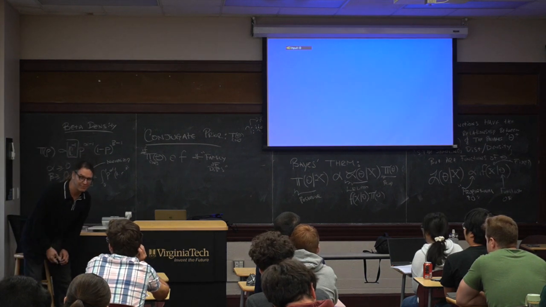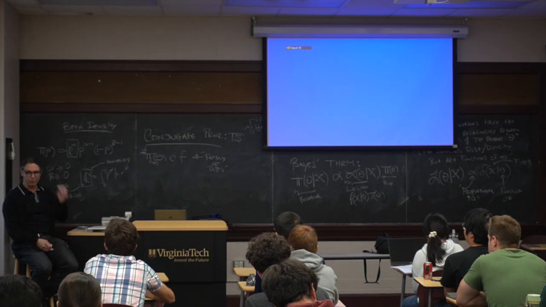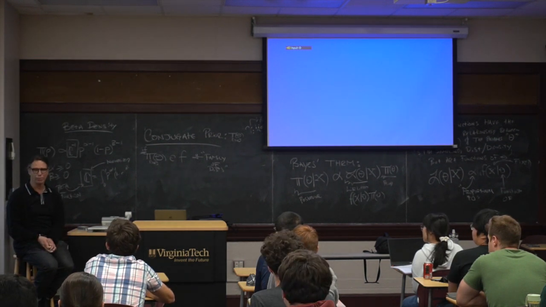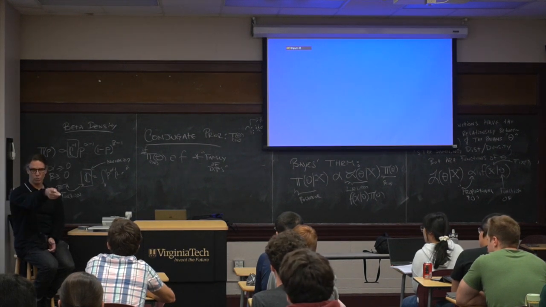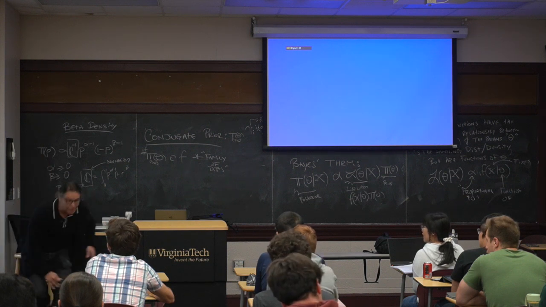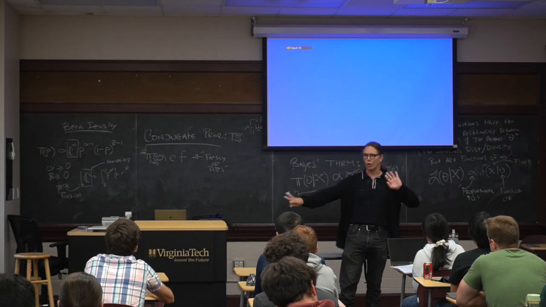In statistics, lots of distributions belong to the exponential family. So tell me two distributions that belong to the exponential family. Normal, you got one. Exponential, yeah, that's good. So exponential and normal. We're going to say those are both their own families.